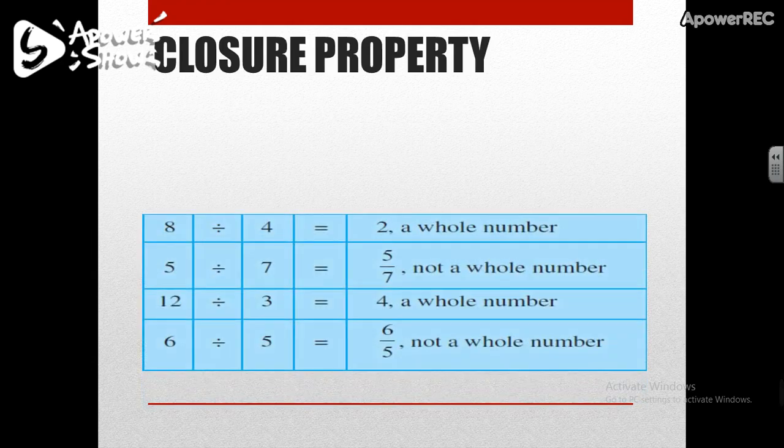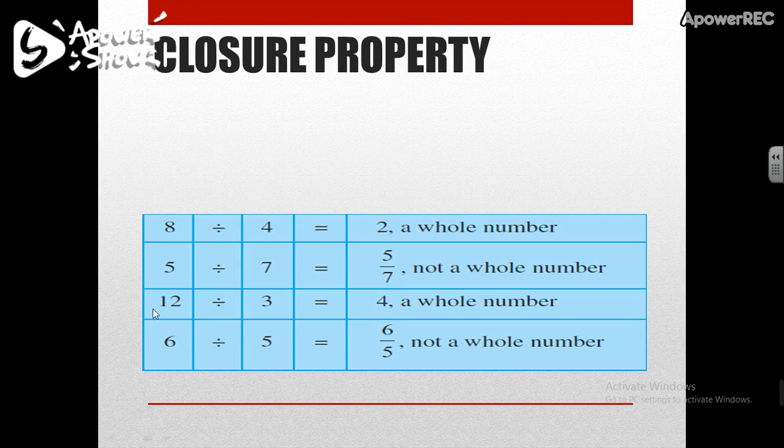Again, I am taking some examples. Here I am taking two whole numbers 8 and 4, and after dividing 8 by 4 I am getting 2, which is a whole number. Now I am taking whole numbers 5 and 7. After dividing 5 by 7 I am getting 5 upon 7, or in decimal 0.7, which is not a whole number.